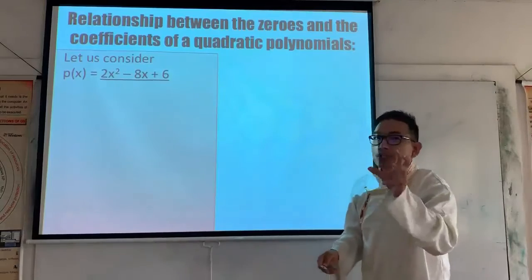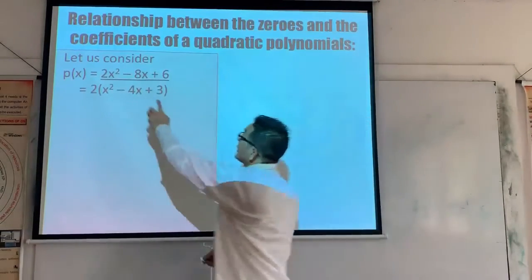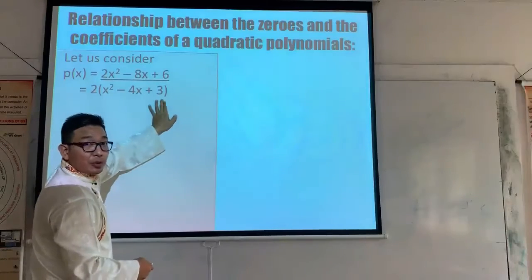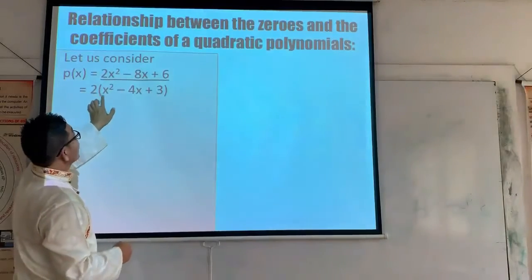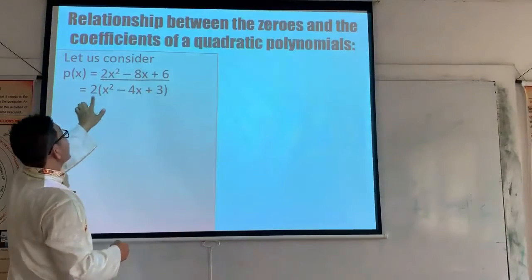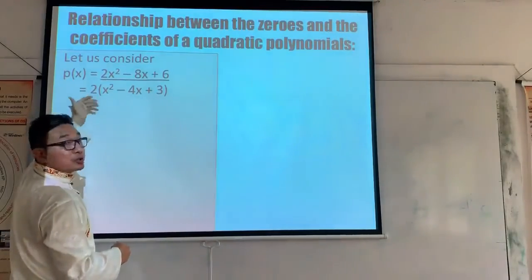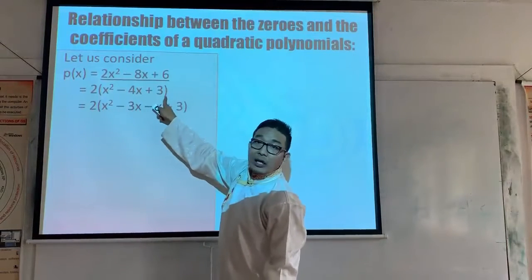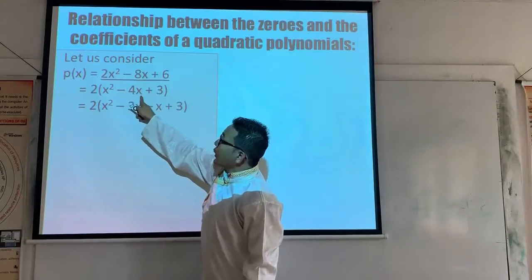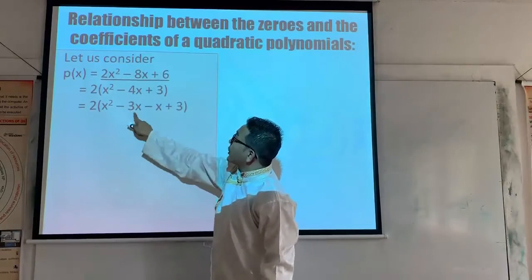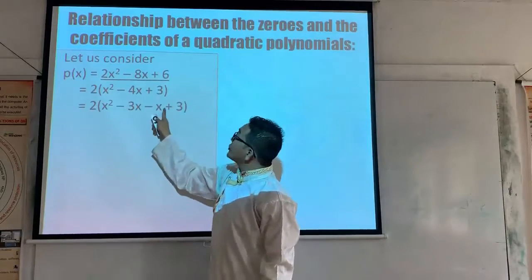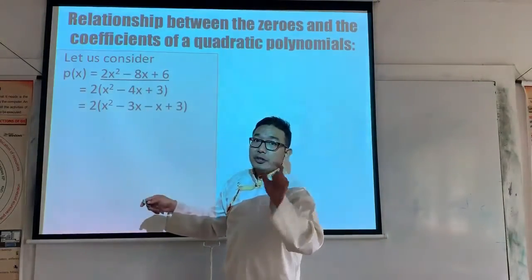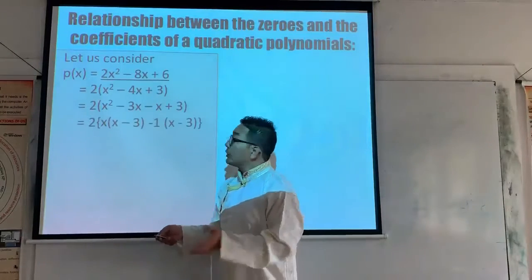Taking 2 common, we get 2 times x squared minus 4x plus 3. We split the middle term -4x into -3x and -1x, whose sum is -4x and product is 3.